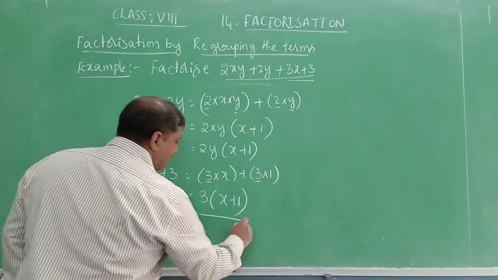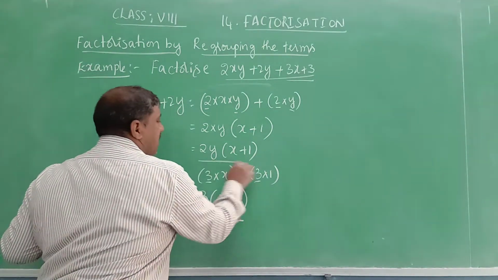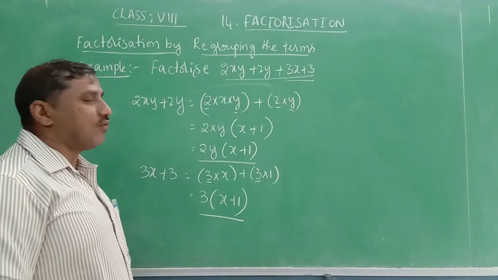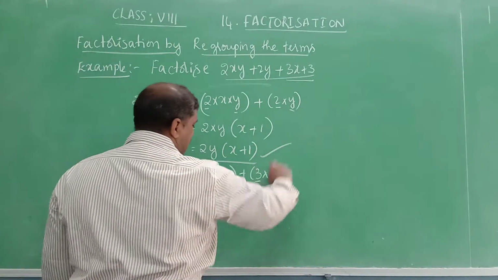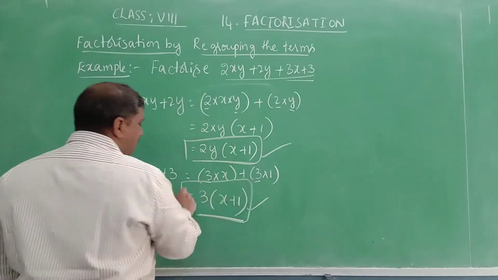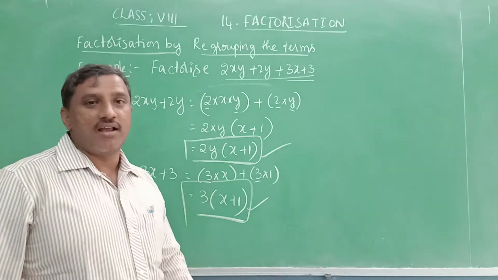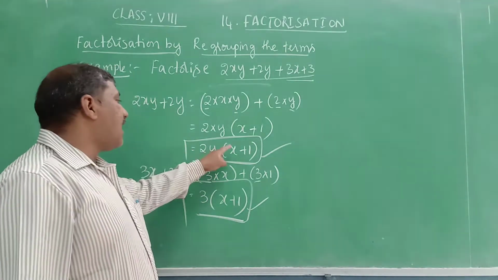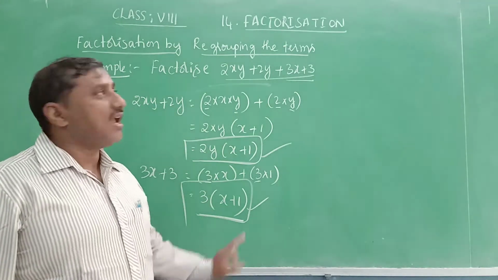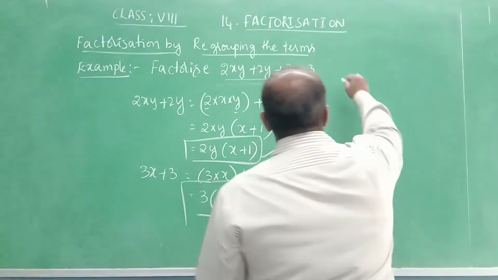So these are the factors for 3x plus 3 and these are the factors for 2xy plus 2y. If you observe these two, do you find any common term? Yes, it is x plus 1 and x plus 1. Now we can say x plus 1 is the common factor for all the four terms.